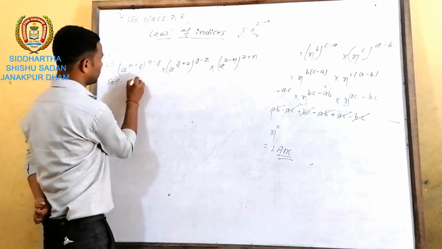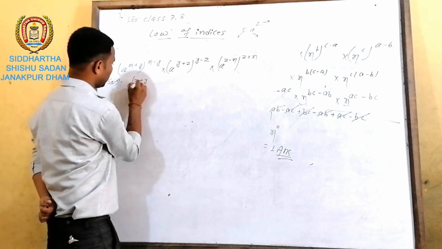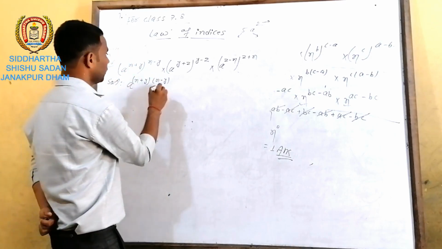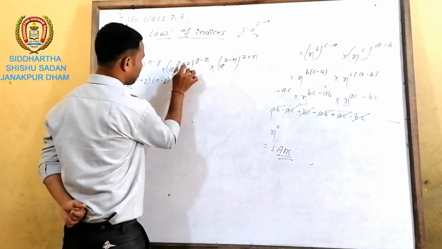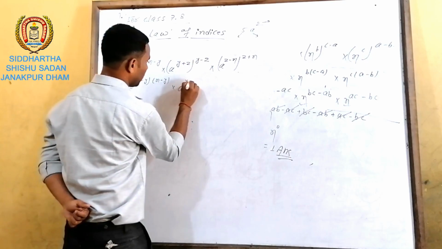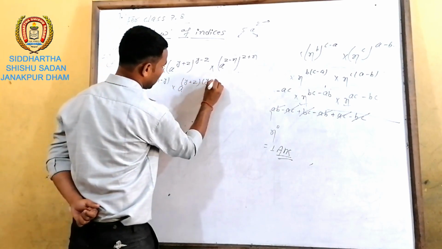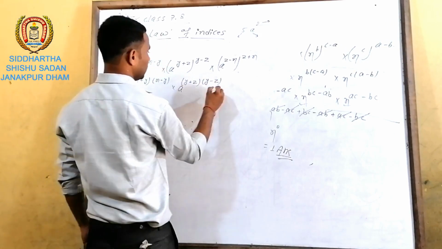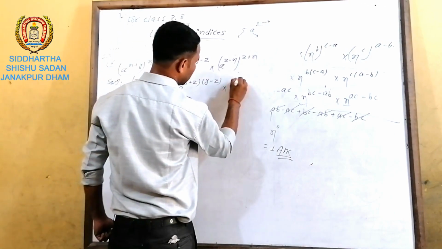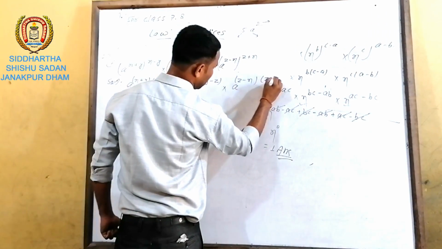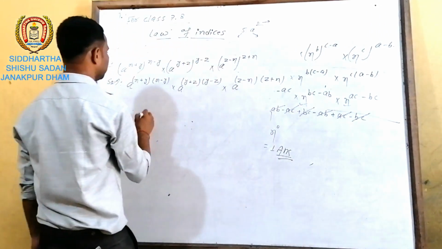Power is multiplied, so (x plus y) and (x minus y). Again, power is multiplied: (y plus z), (y minus z). Multiply a to the power (z minus x), (z plus x).